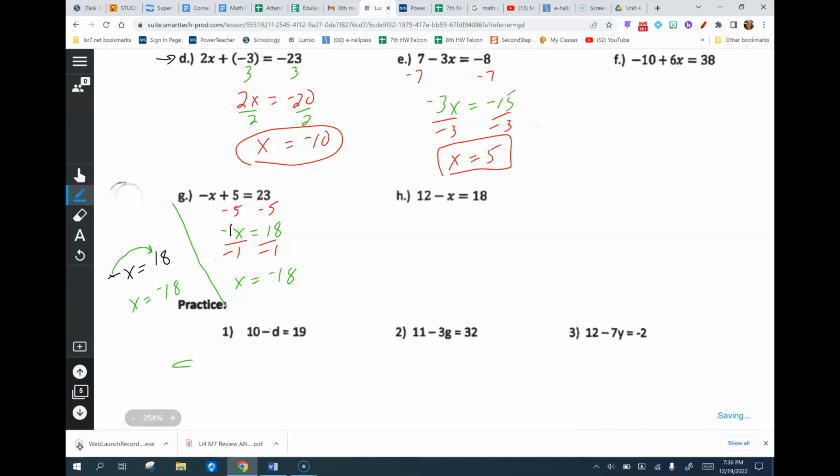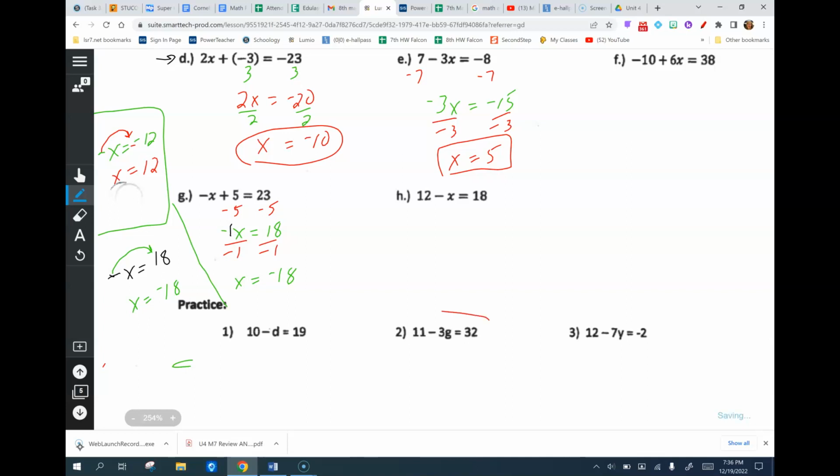But the negative comes over. Now let's say, this is a totally separate problem, that I have a negative x is equal to a negative 12. That negative still comes over to this side, but now I have a negative of a negative 12, which makes it a positive 12. Hopefully you basically remember positive and negative numbers.